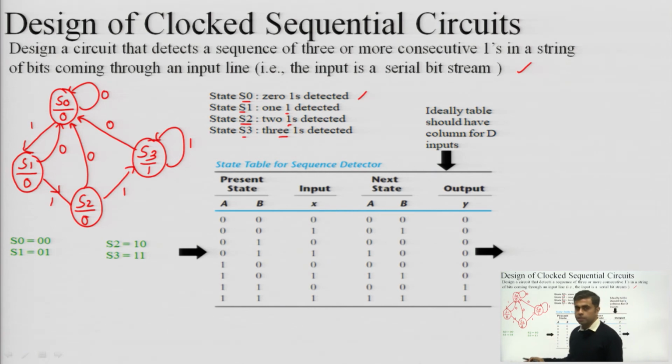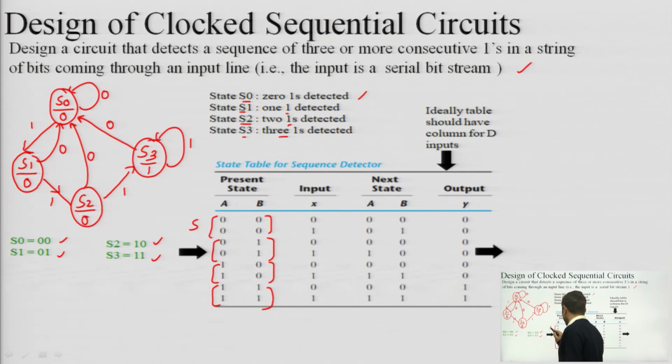And then preparing the state assignments. So there are 4 states: S0, S1, S2 and S3. S0 is denoted by 00, S1 is denoted by 01, S2 is denoted by 10, and S3 is denoted by 11. So in the state table we have to examine carefully that these are S0, S1, S2 and S3 only.